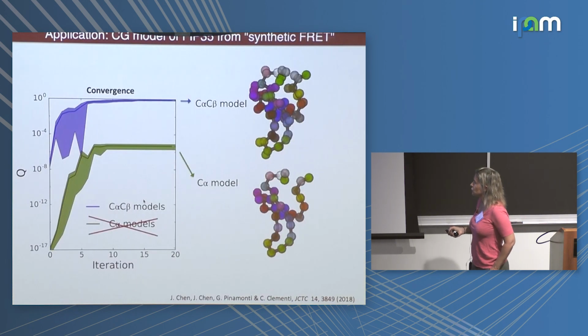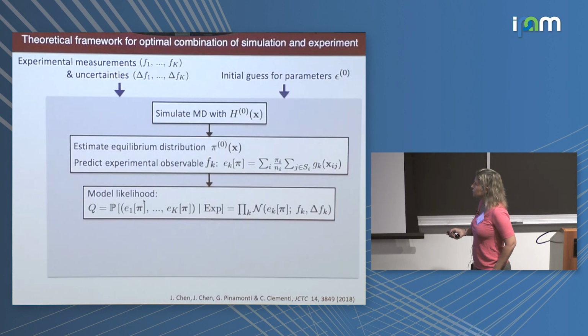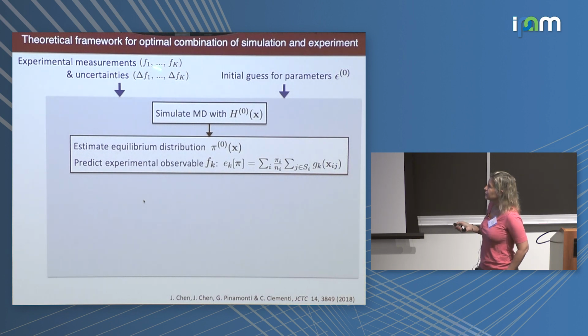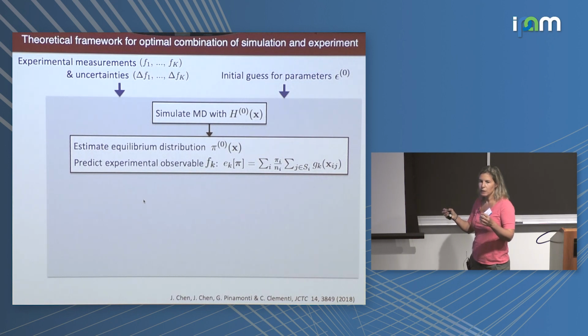So let me show you. The way we do it, we start with the experimental measurements and uncertainty. This can be, as I said, for instance, FRET. FRET is a way to measure the distance between two probes in a molecule as a function of time.